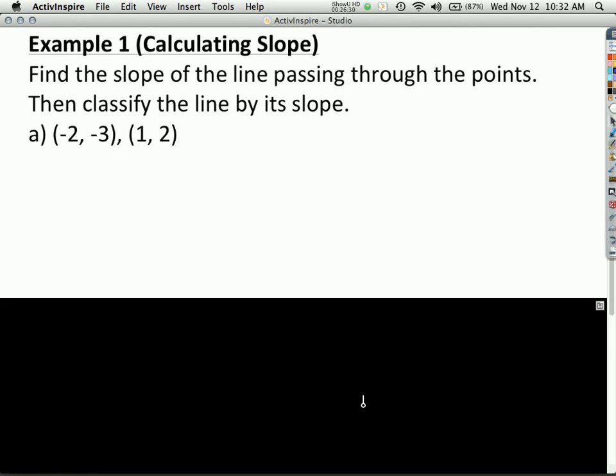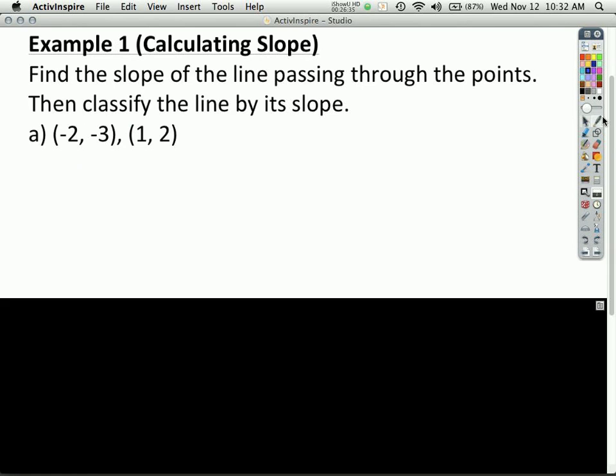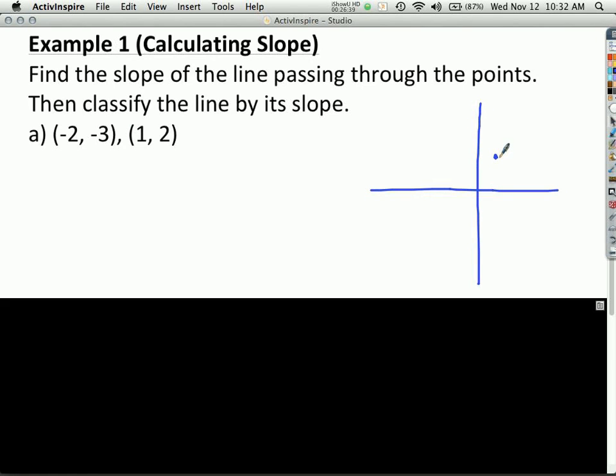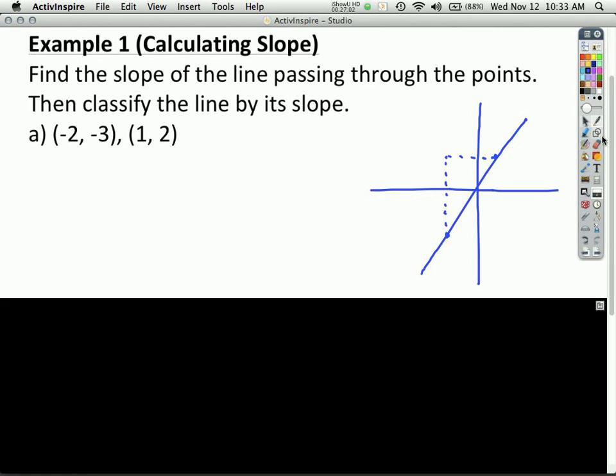In other words, if we were to draw a graph, we could, don't do this, but I could draw a graph right now. 1, 2, put a dot, -2, -3, put a dot, draw a line through it, and then do a slope triangle and find the slope. We could do that if we wanted to, but we don't have to. We can find this piece of information without the picture, because now we have the slope formula. Any questions about that?